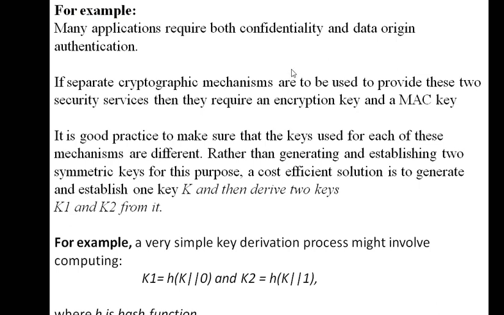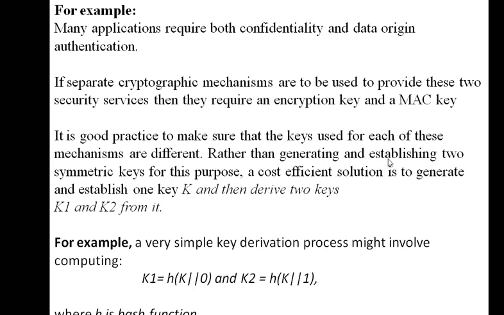Many applications require both confidentiality and data origin authentication, right? If separate cryptographic mechanisms are used to provide these two security services, then they require an encryption key and a MAC key, and the keys used for each of these mechanisms are different.